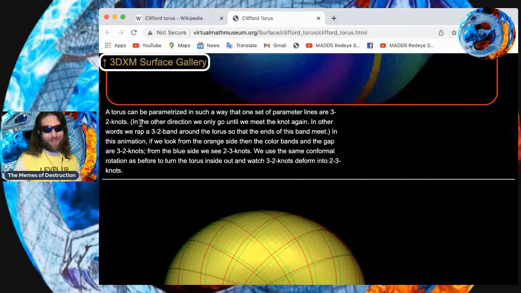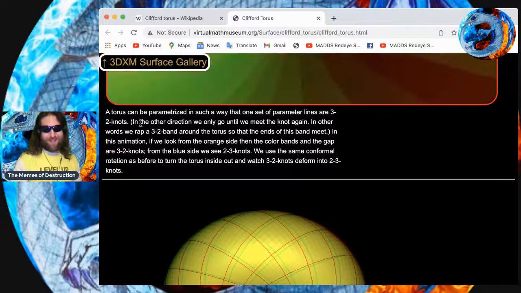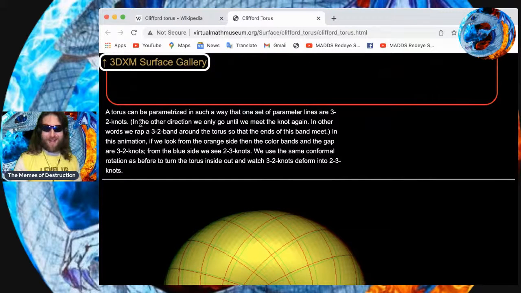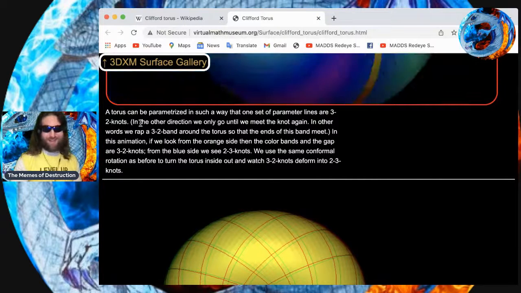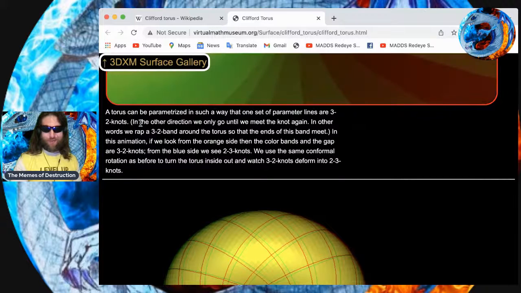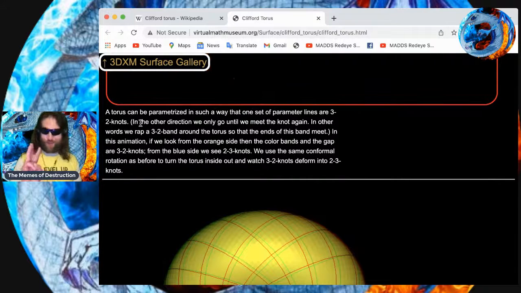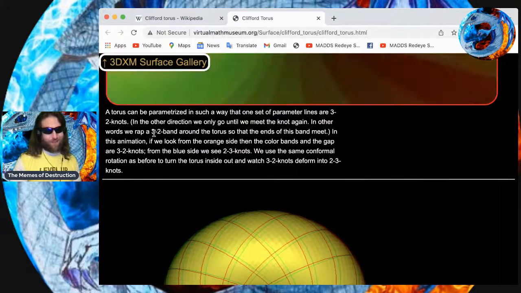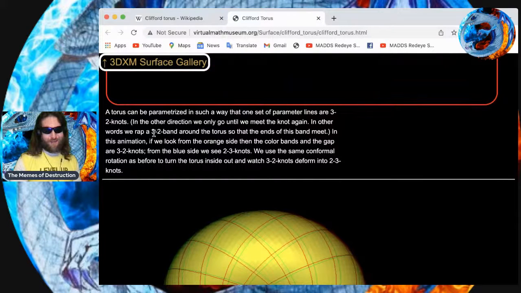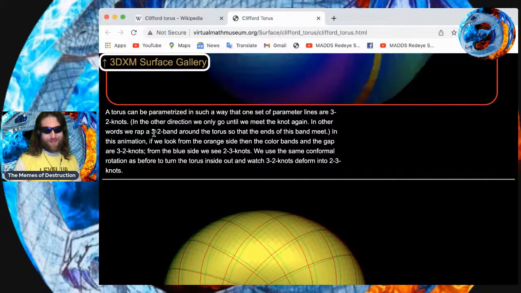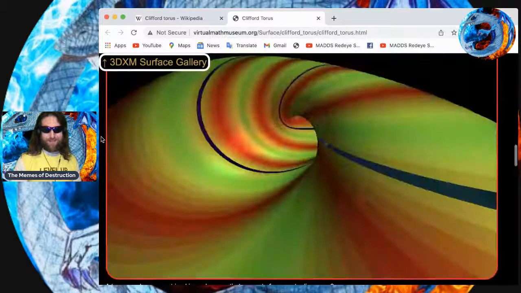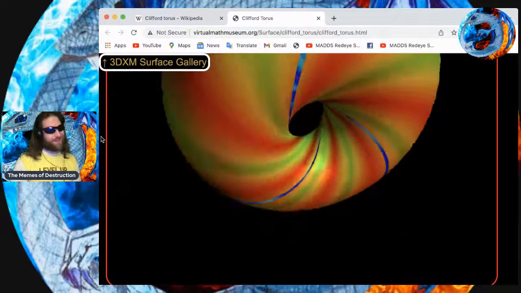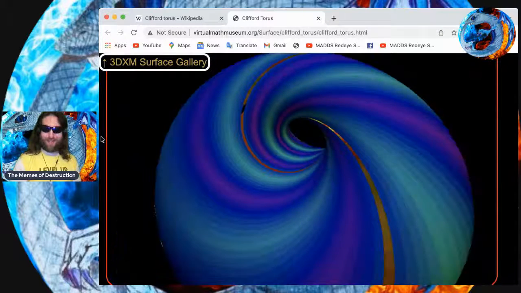In this animation, if we look at the orange side, the color bands and the gap are 3,2-knots. From the blue side, we see 2,3-knots. We use the same conformal rotation as before to turn the torus inside out and watch 3,2-knots deform into 2,3-knots. Seems like knots keep coming up.